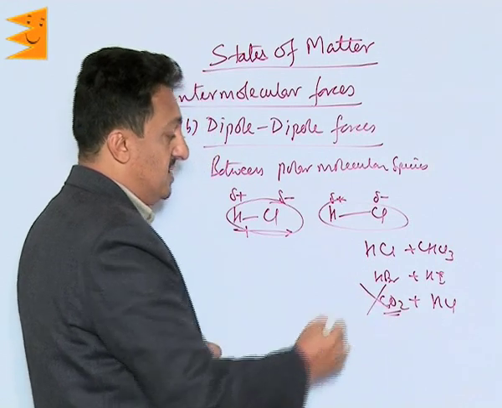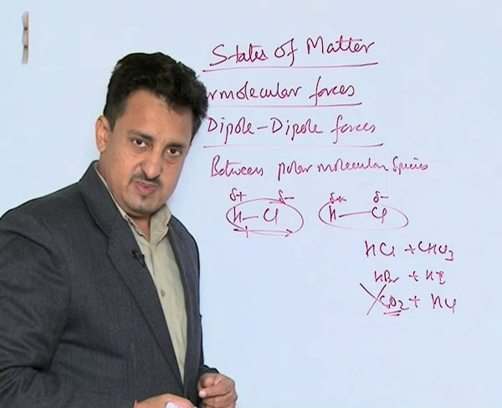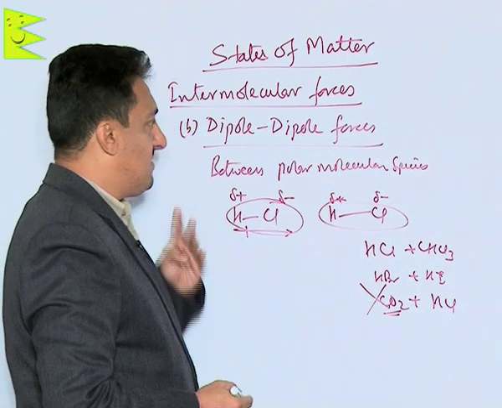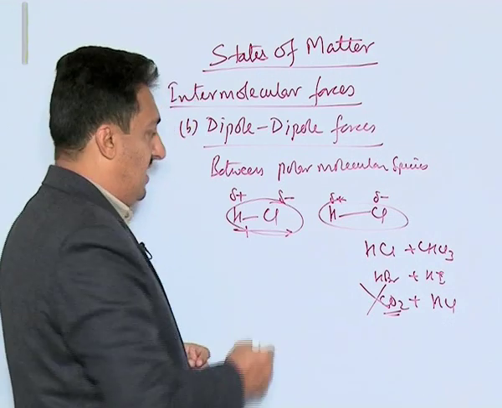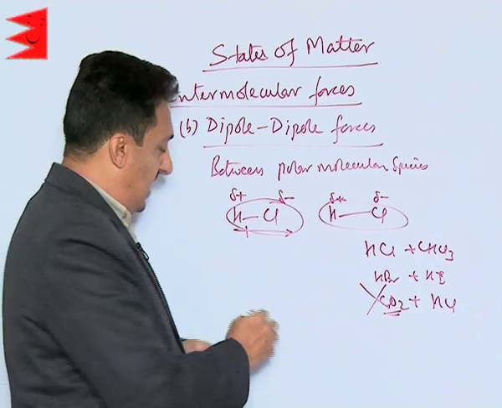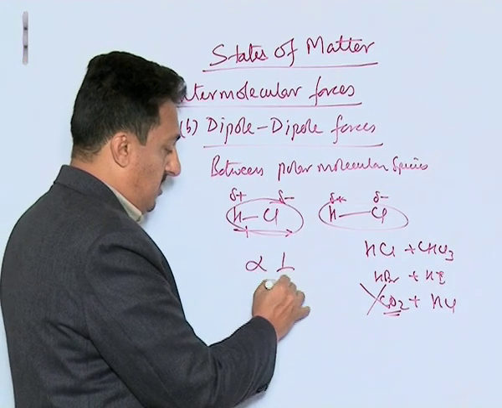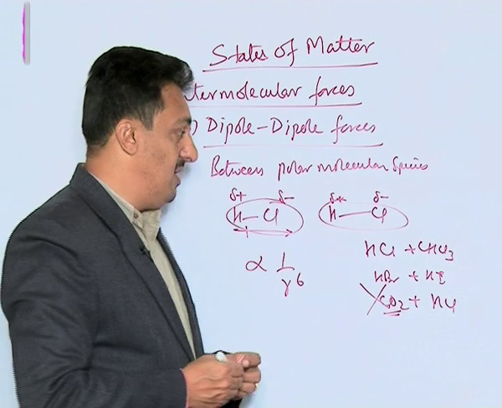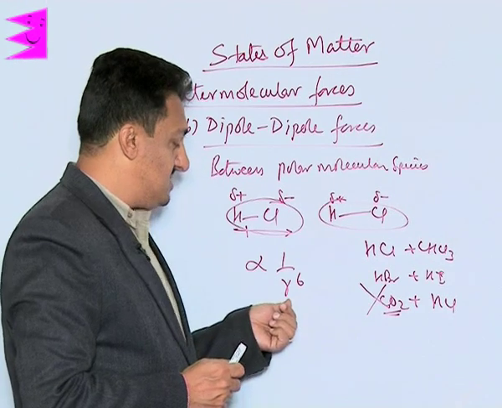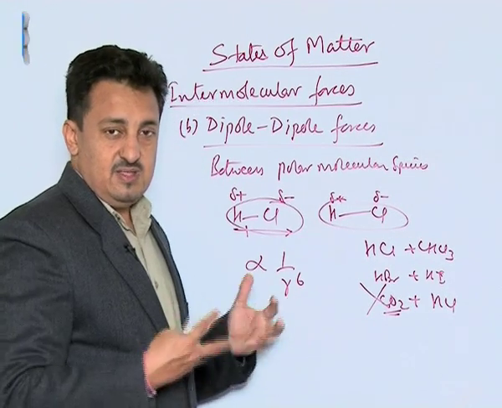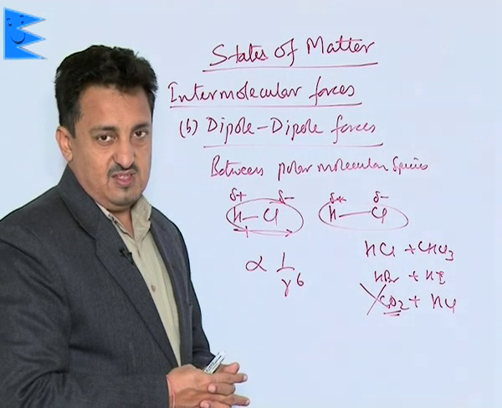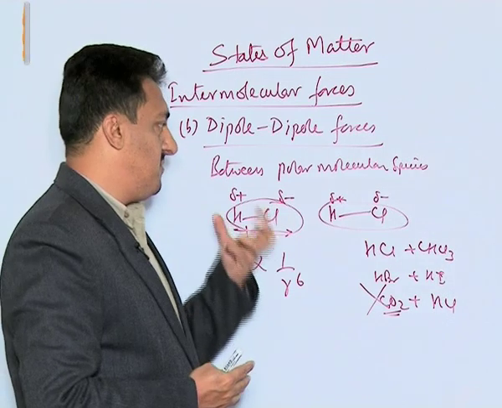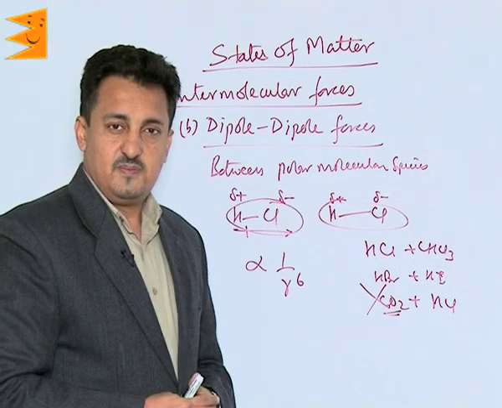Not possible, because CO2 is a non-polar molecular species. Now again, these dipole-dipole forces are attractive forces, and their strength is inversely proportional to the sixth power of the distance between the interacting molecular species. So greater is the distance, the lesser is the magnitude of these forces, weaker are these forces. So this is what we have as dipole-dipole forces.